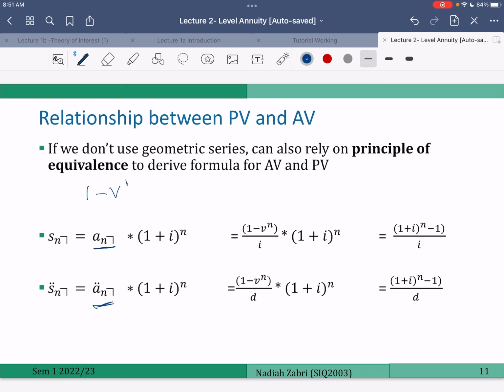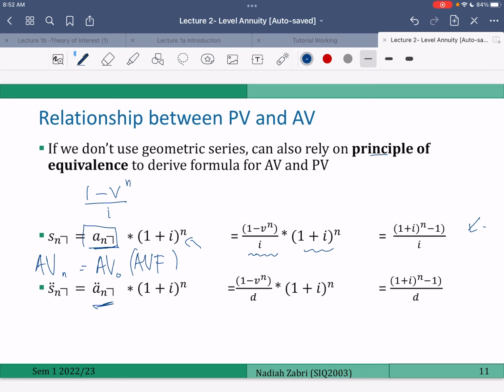It is 1 minus V to the power N over I. If we want to derive S angle N from A angle N, you just apply the principle of equivalence like this: AVN equals AV0 times AVF, and the AVF is as follows. So this is A angle N times 1 plus I to the power N, then you will get this. Same goes if you do accumulated value.